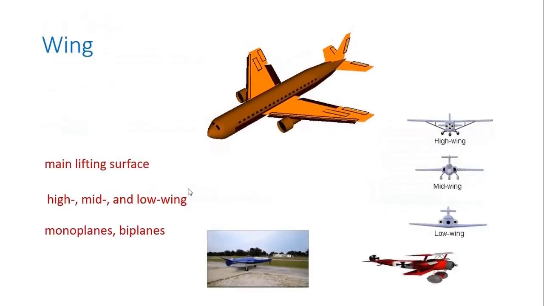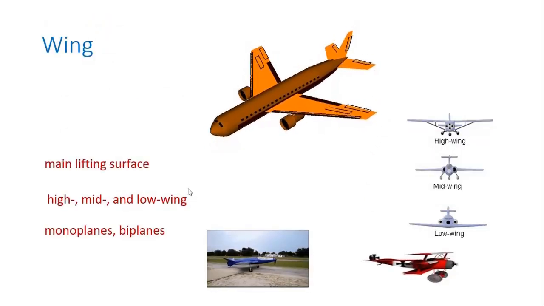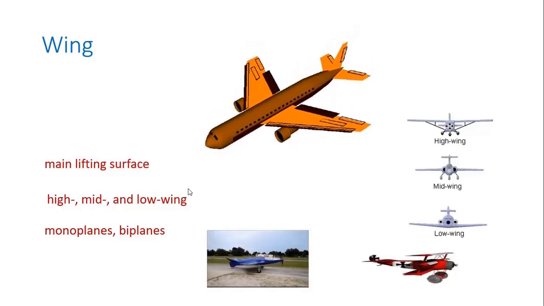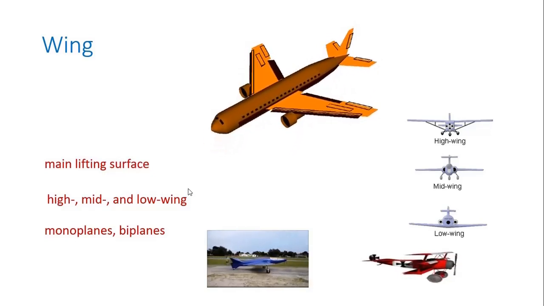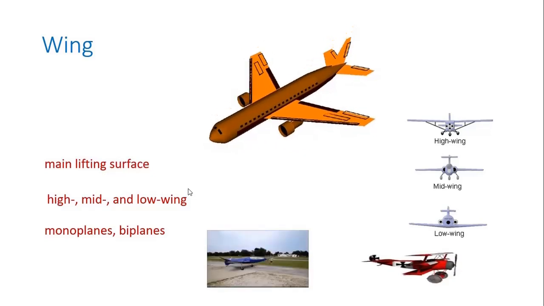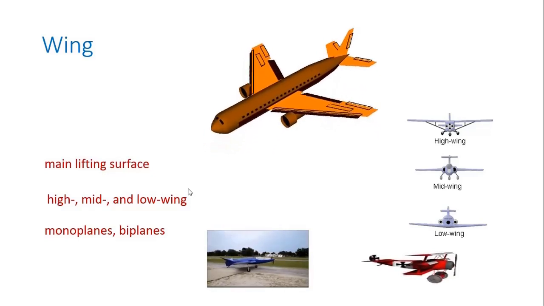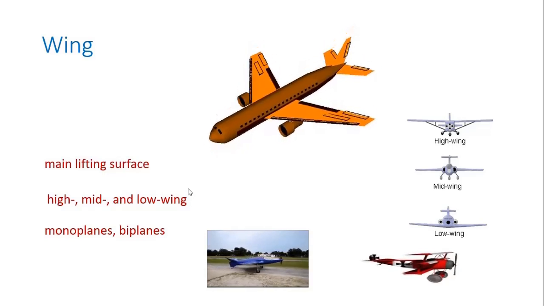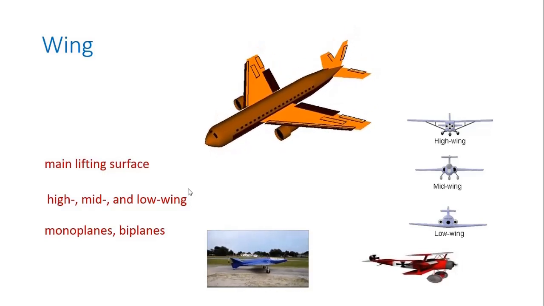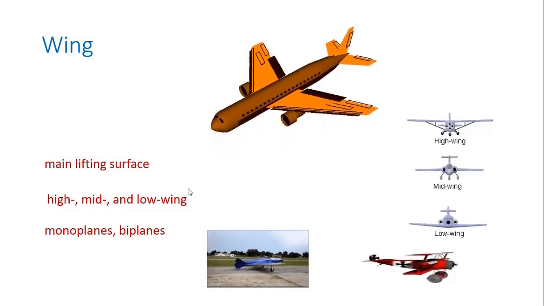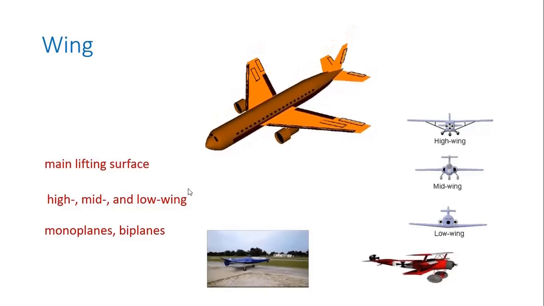The next one is wing. The wings are airfoils attached to each side of the fuselage and are the main lifting surfaces that support the airplane in flight. There are numerous wing designs, sizes, and shapes used by the various manufacturers.